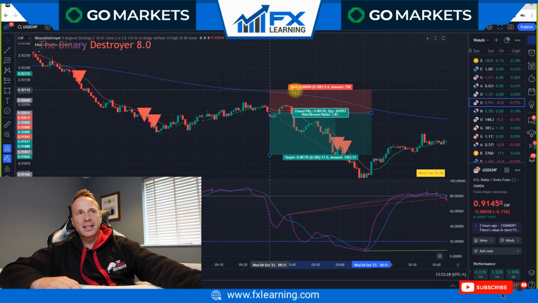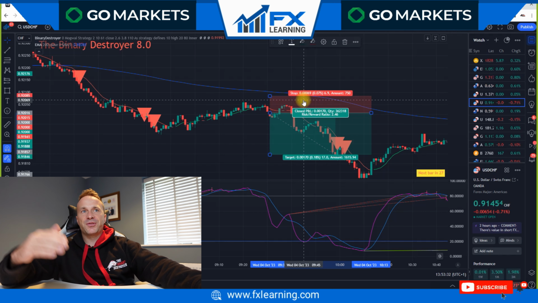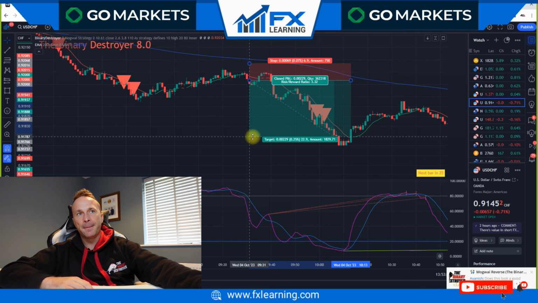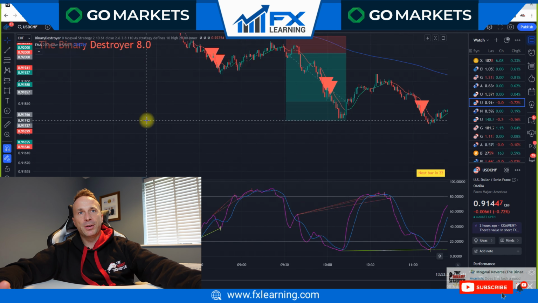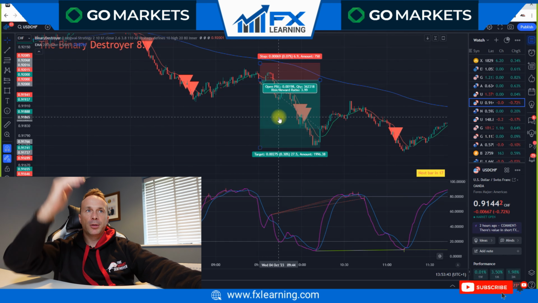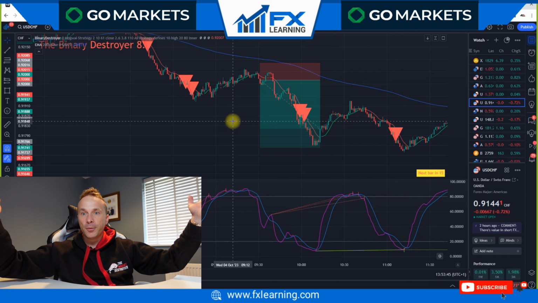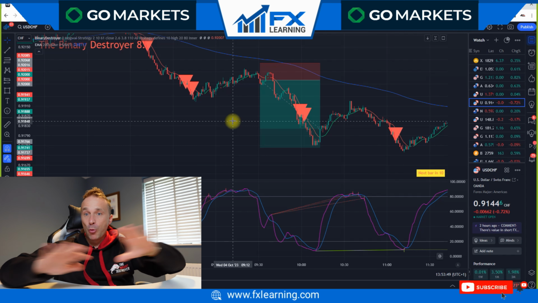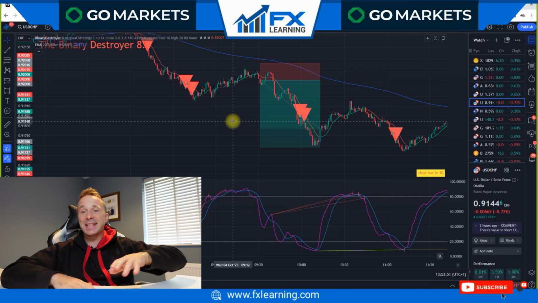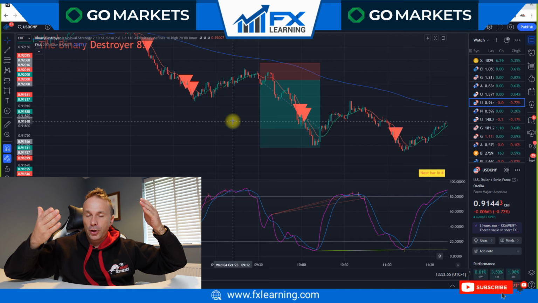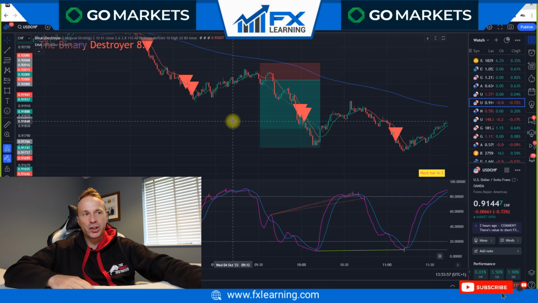Let's say a 7 pip stop loss, so we're looking for a 14 pip take profit. That trade went to a 1-to-4. There you go, 1-to-4. Simple, 4% made, no price action, just a set of rules. And that, in essence, is the Mogwai reversal strategy.